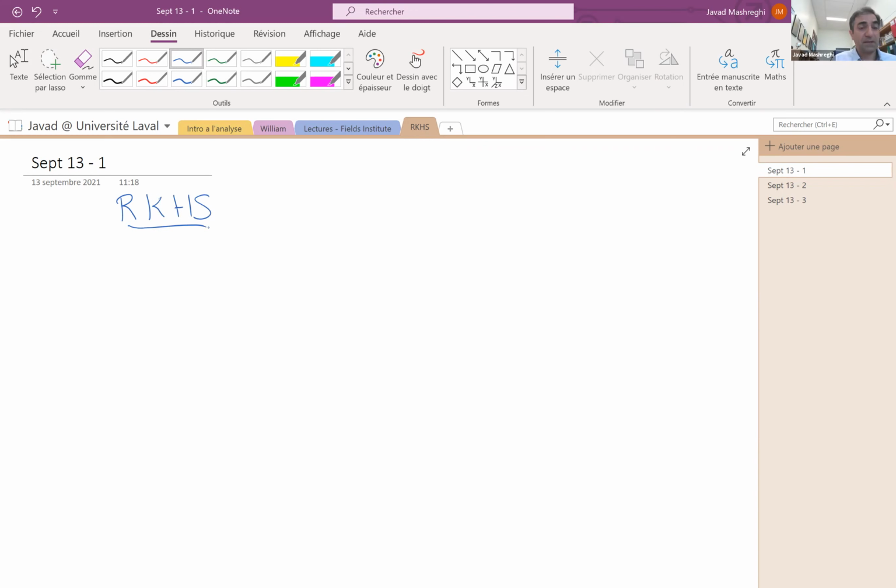RKHS. Reproducing kernel Hilbert space. So the first important word in this is Hilbert space. When we study Hilbert spaces in courses like measure theory or functional analysis, I assume everybody knows the definition.